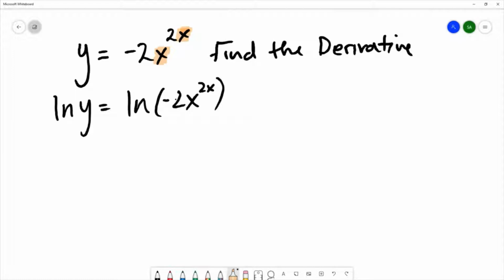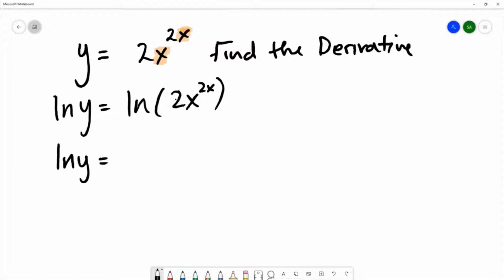Okay, so I'm going to revise this problem and remove the negative. Okay, and so we're going to now use the log properties to simplify the right-hand side. And one of the properties is called the product rule for logarithms.